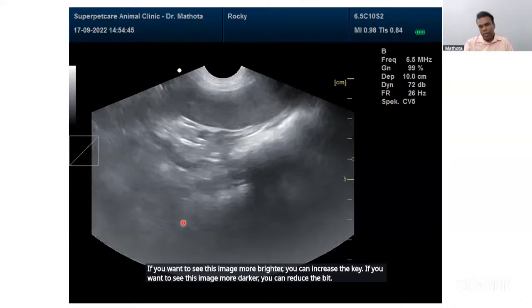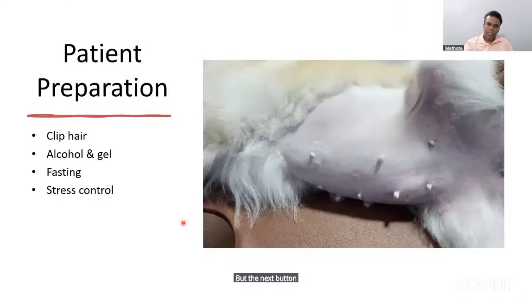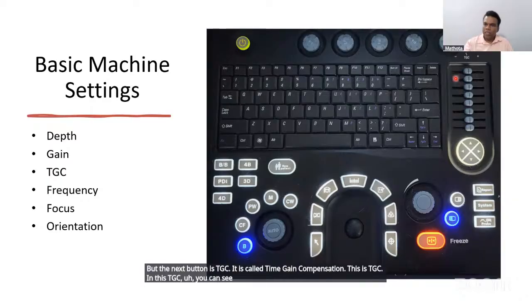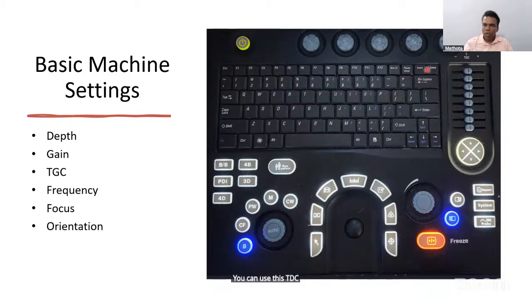The next button is TGC. It is called time gain compensation. This is the TGC control, an array of buttons. You can use this TGC control to reduce or increase brightness at a specific depth.